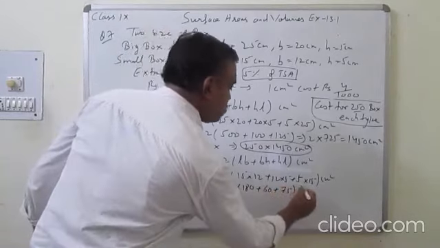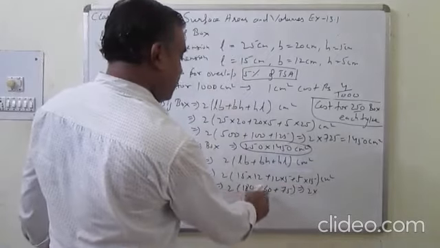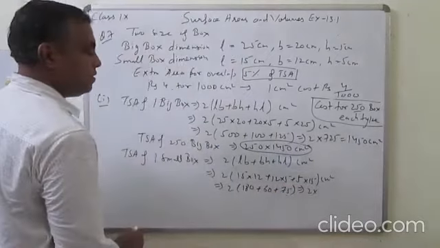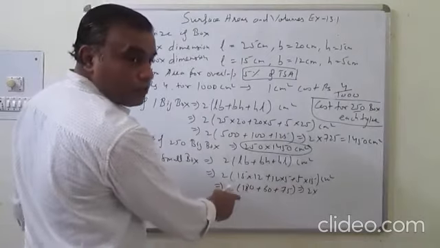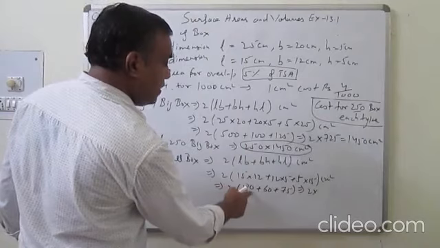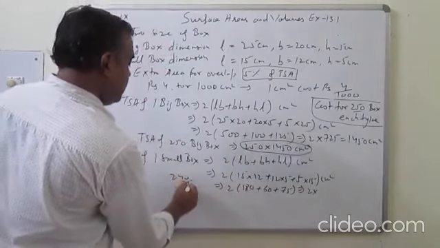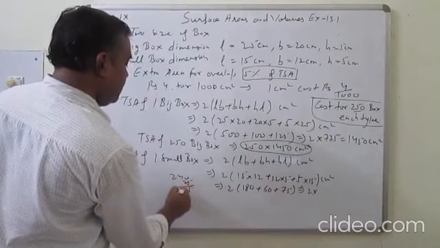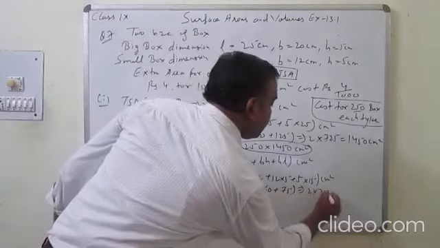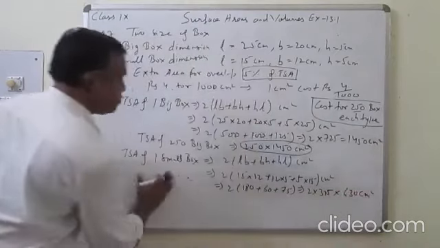So it becomes 2 into 315, that is 630 centimeter square of one small box.